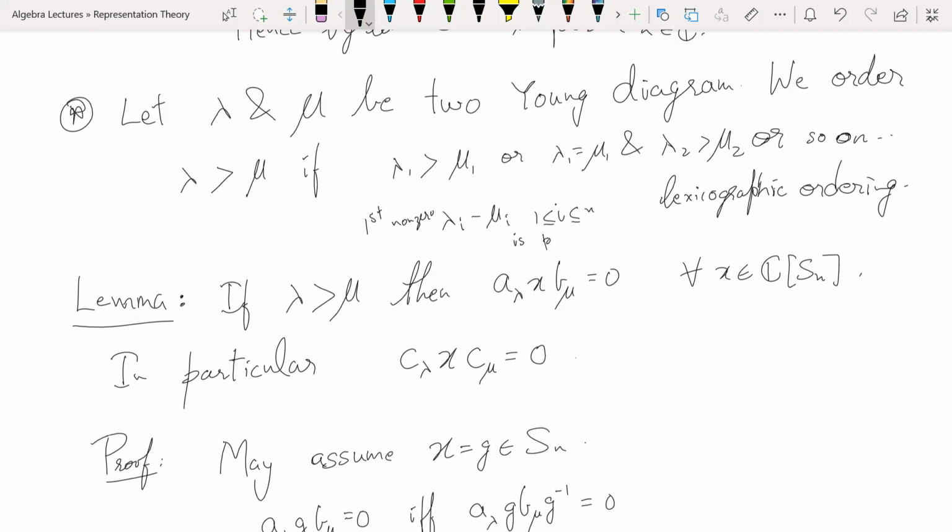So that's the ordering on Young diagrams.